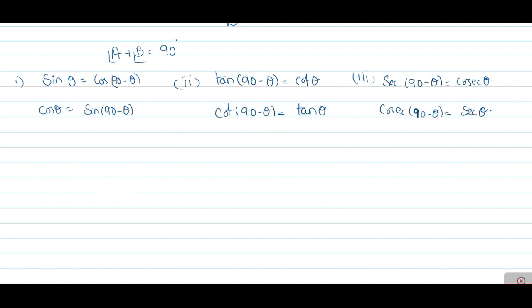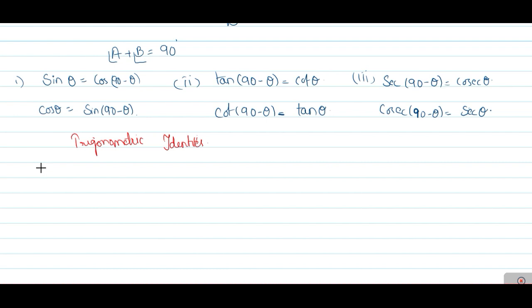Then we have trigonometric identities. So, what are the trigonometric identities? We have 3 identities, and from those we can derive more.